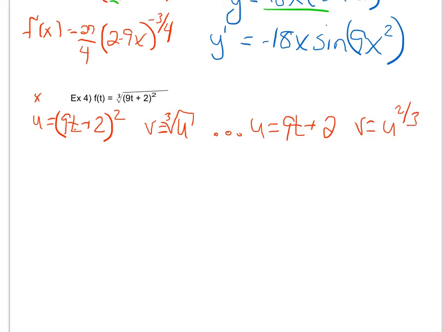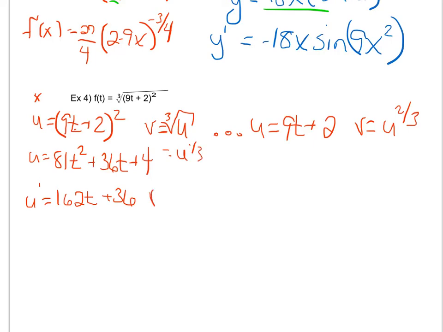I'm going to go ahead and work it the first way. So then I can say that u is 81t squared plus 36t plus 4. Therefore, u prime is 81 times 2, so 162t plus 36. My constant goes away. So rewriting, v is u to the 1/3, therefore v prime is 1/3 u to the negative 2/3.